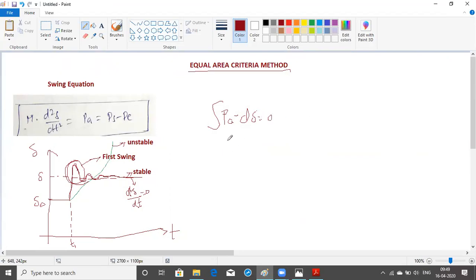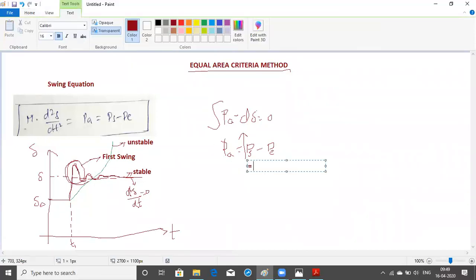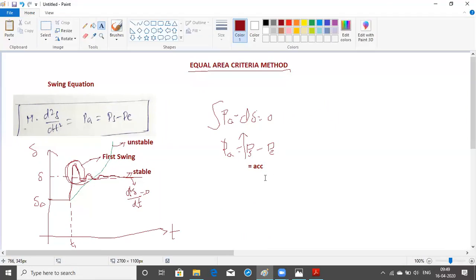We already know PA is equal to PS minus PE, right? Based on this equation, if PA is increasing, what happens? It will get accelerated. If PE is increasing, what happens?